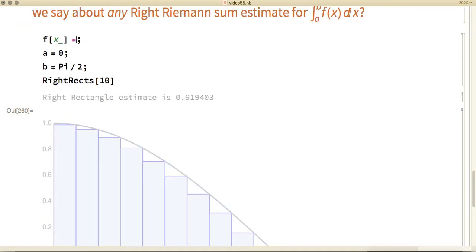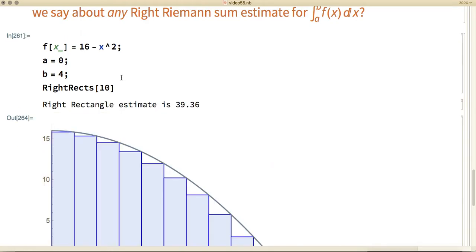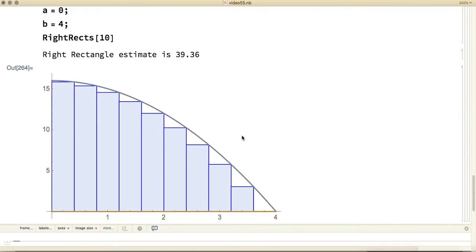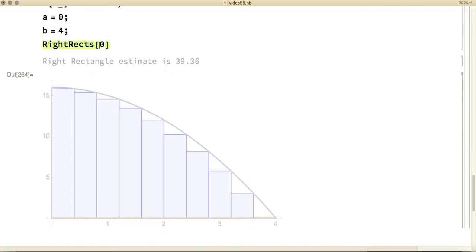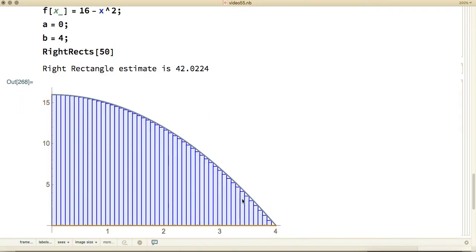Another nice decreasing function would be 16 minus x squared, decreasing on 0 to 4. Let's look at the right rectangles for that. You'll notice that the right rectangles are all underneath the curve, and so the right rectangle estimate is clearly going to be an underestimate.